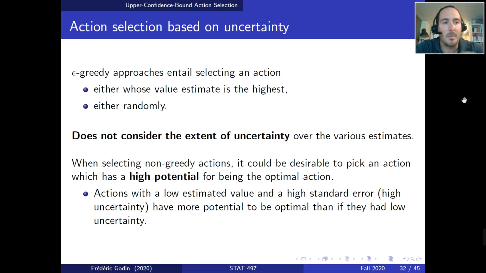So you've sampled from action A many times and you consistently receive bad rewards, whereas maybe action B has the same estimated expected reward, but there's more uncertainty associated with that estimate because you've sampled far less often from that second action B. Okay, so in that case, it might make sense when exploring to spend more time on actions which have more uncertainty.